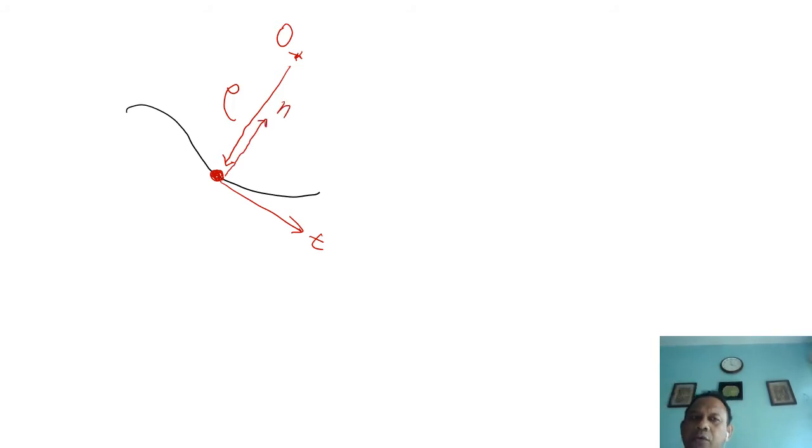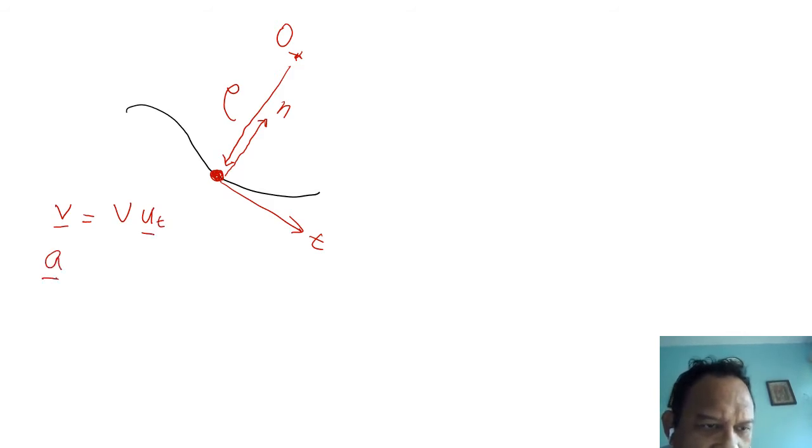We have a velocity that can be represented as the magnitude v and the unit vector tangent, and then we have acceleration in both components.